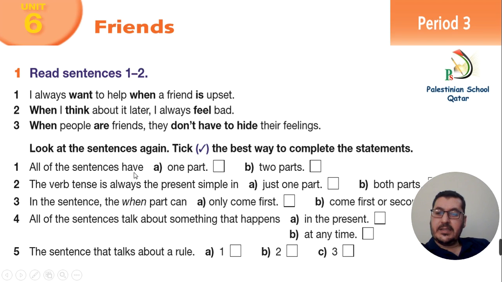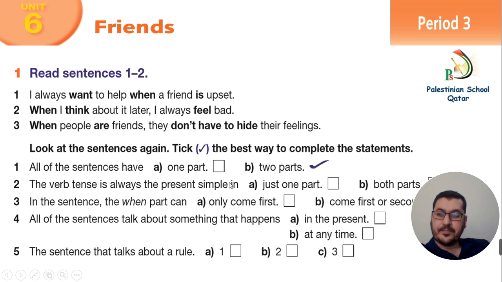All the sentences have one part or 2 parts? We have 2 parts, because we have the first part with when and the second part with the present simple.